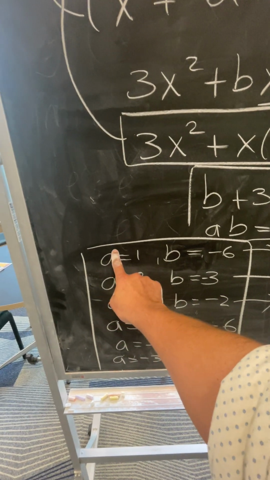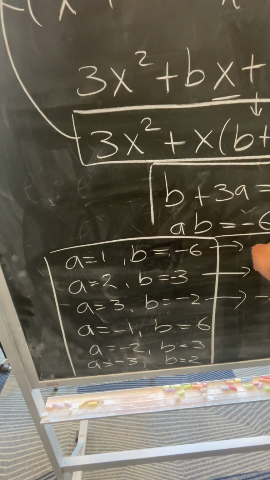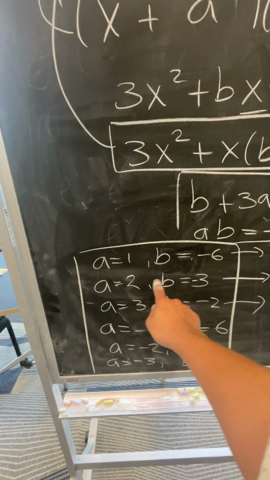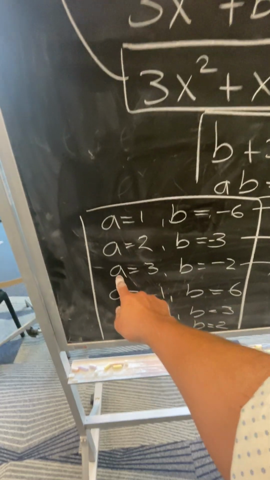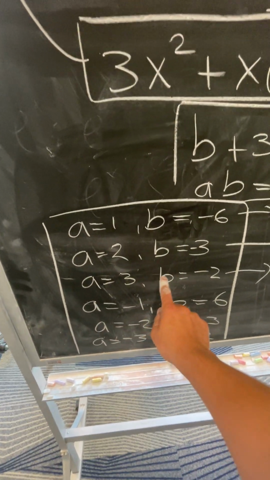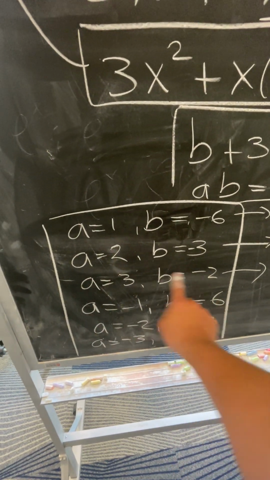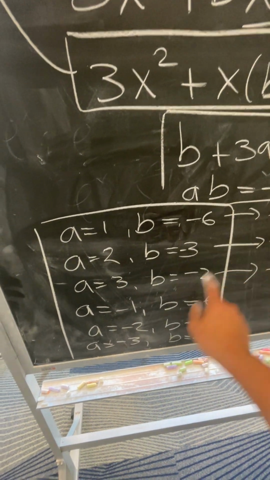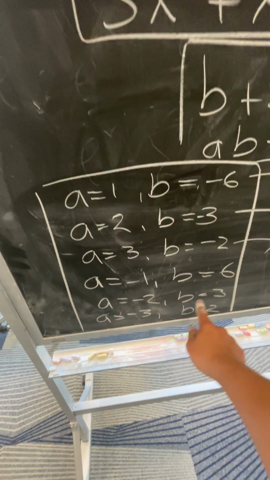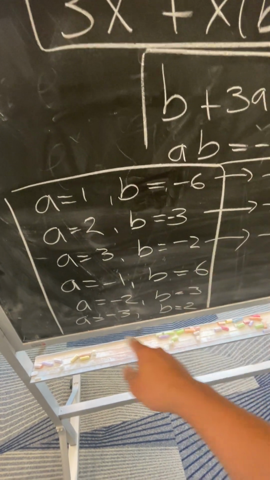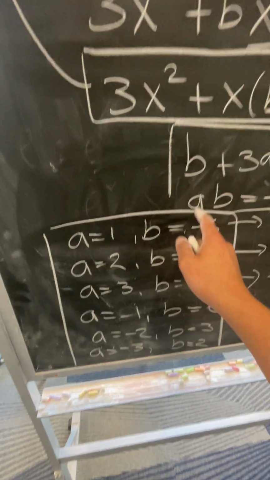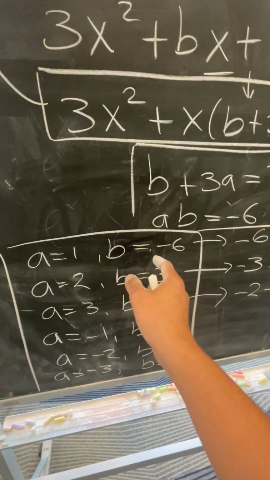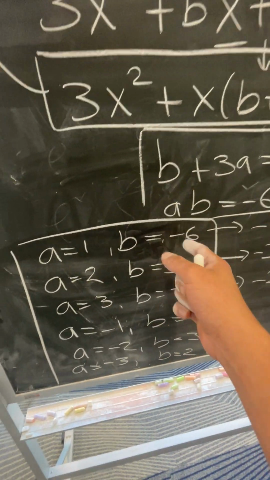If we multiply 2 times negative 3, that gives us negative 6. Similarly, a equals 3 and b equals negative 2, multiplied together, gives us negative 6. These are all possible options that give us negative 6. Again, we're assuming that a and b are whole integers, meaning that we don't have fractions.